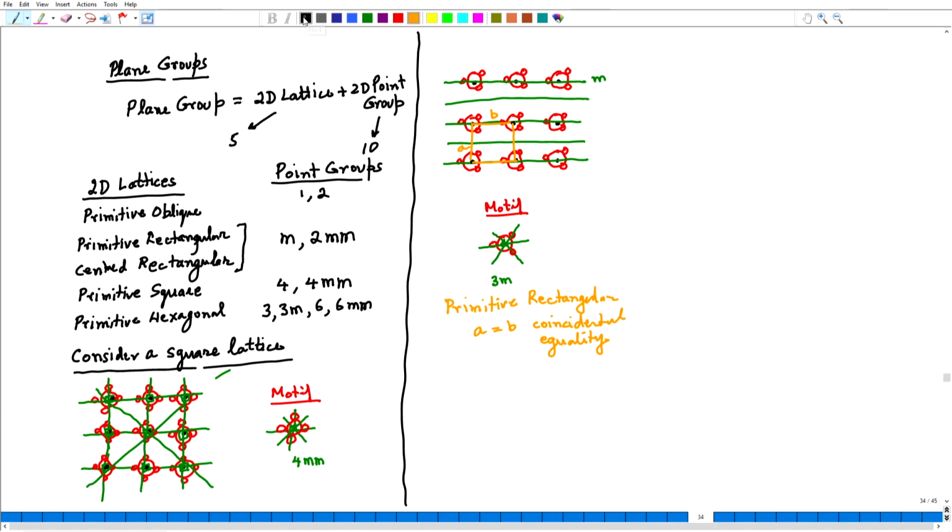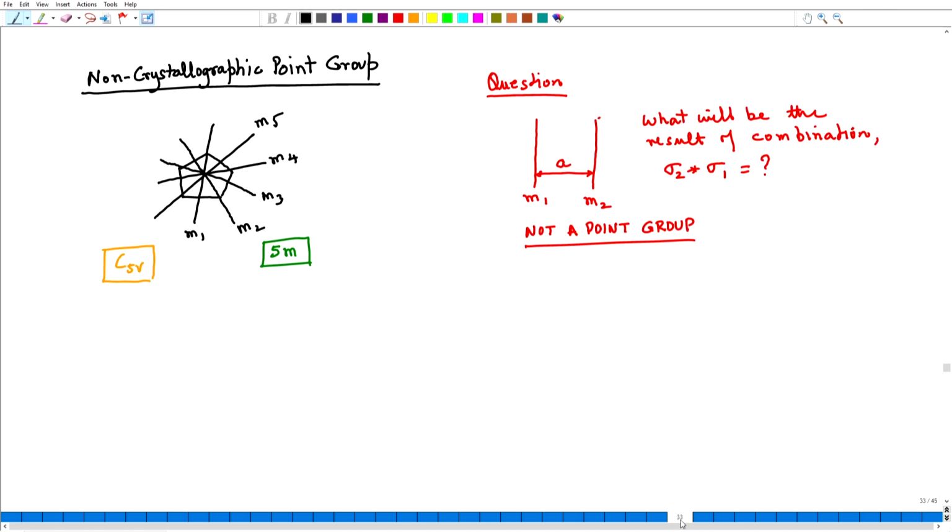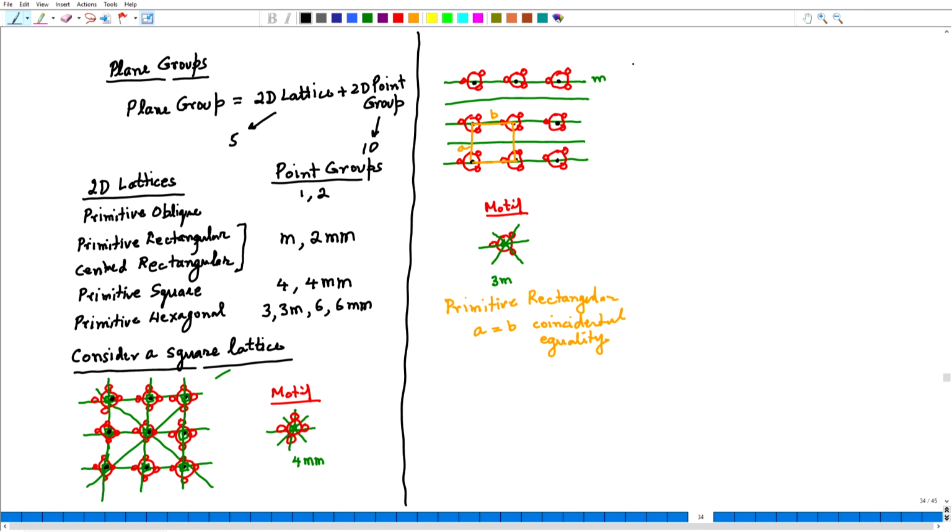So, let me go back to the last lecture where I had posed this particular question, that I have two parallel mirrors, and the distance between the mirrors is a. Let me just draw this once more.